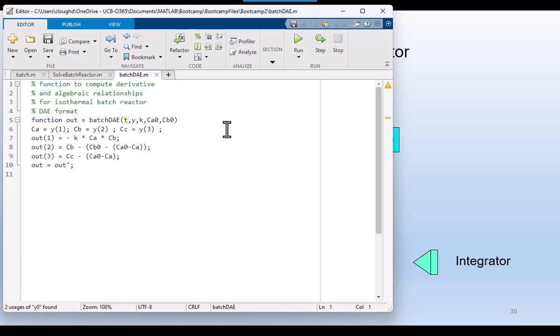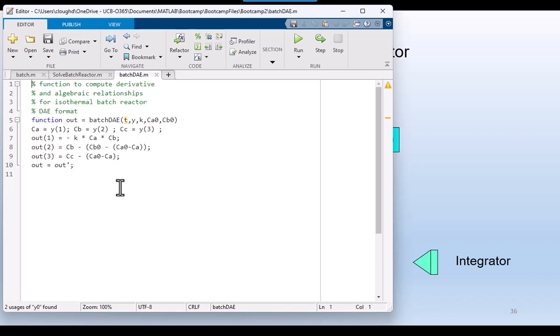And this looks somewhat different in that in addition to describing our differential equation for CA, we also describe our stoichiometric results as algebraic functions that at all times must be equal to zero. In other words, as we go along solving the differential equation, these two algebraic equations need to be solved at all instances of time.